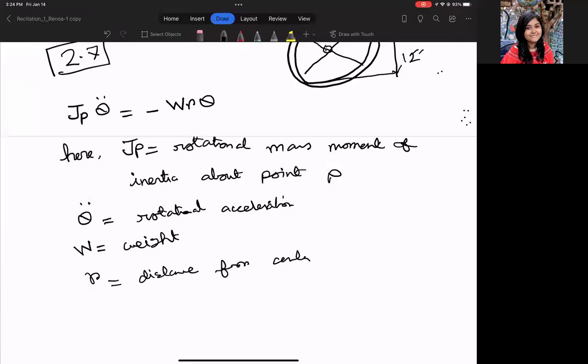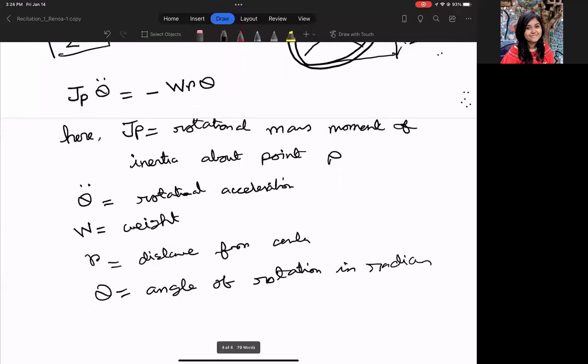And theta is the angle of rotation in radian.